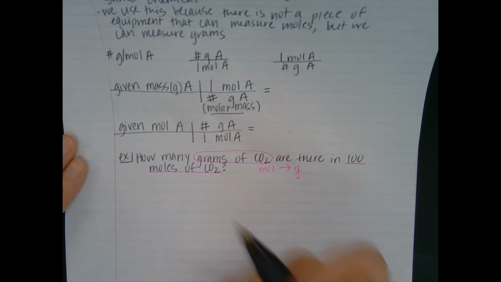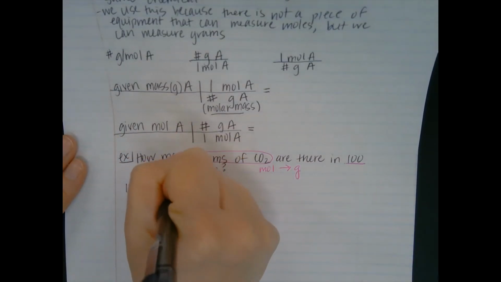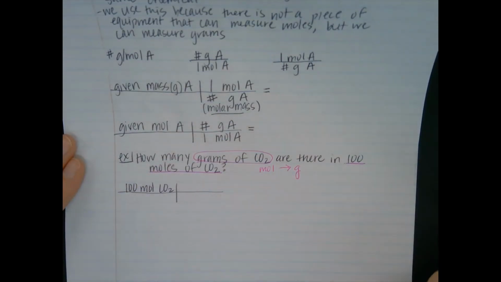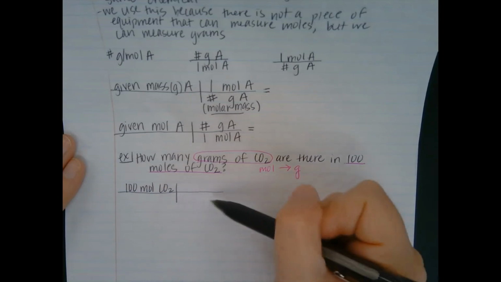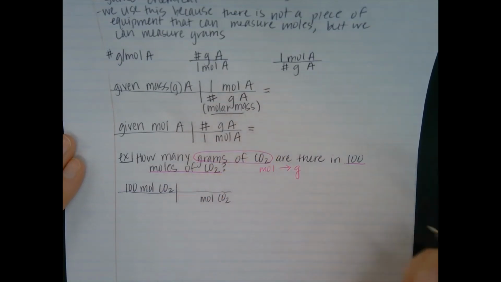So let's set up a train track. 100 moles of CO2. Step 1. Take your units, drop them down to the denominator of the other one so they cancel.